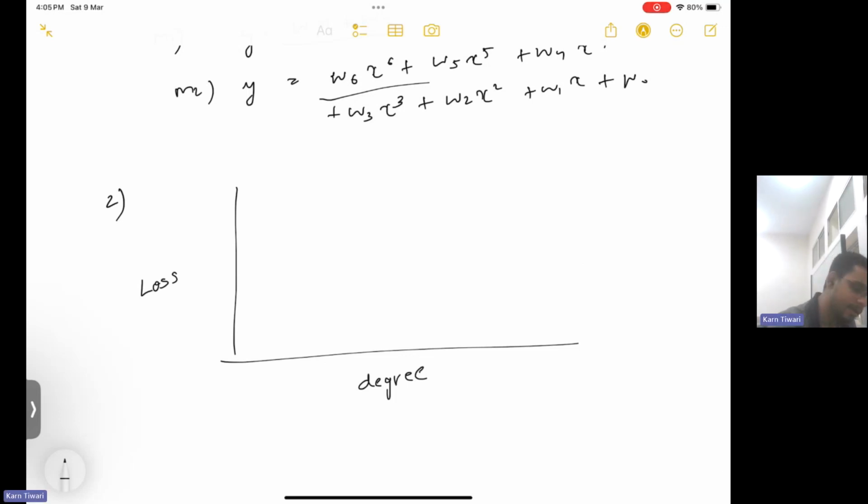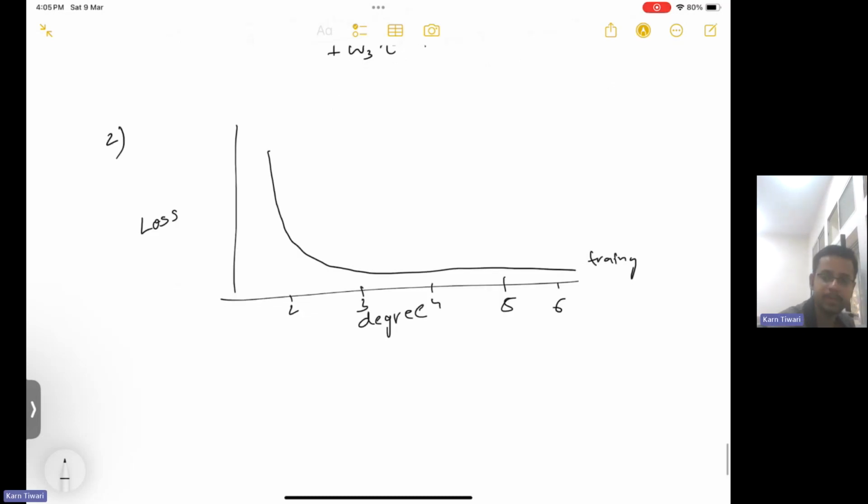They have given 2, 3, 4, 5, 6. The training error looks something like this. This is the training curve. Model complexity, you can think of it as. And the testing is something like this.